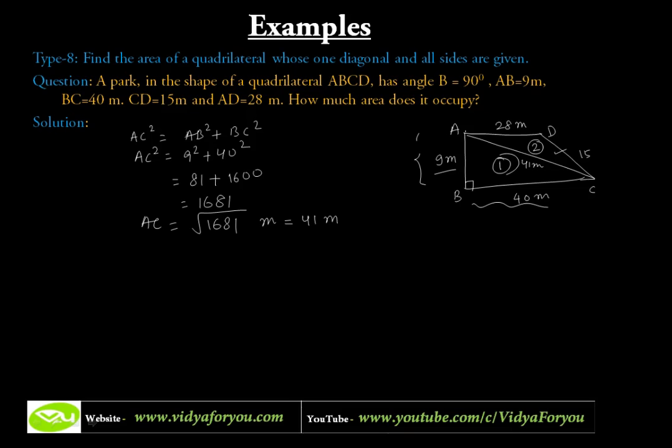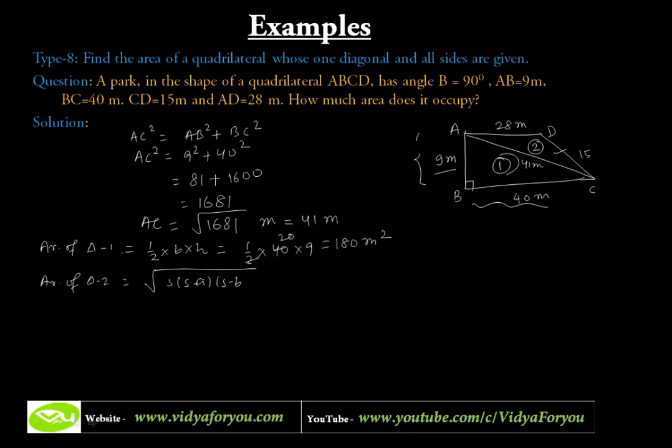That will be simple. So area of triangle 1 is equal to half into base into height, that is half, base let us assume as 40 meter, height as this one. Now area of triangle 2 will be under root S into S minus A, S minus B, S minus C. So let's find S, which will be 28 plus 15 plus 41 by 2.